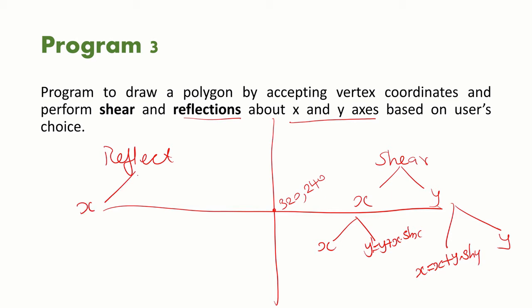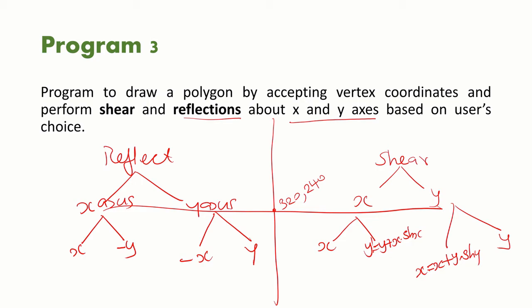It can be done with respect to the x-axis or y-axis. When it is with respect to the x-axis, we keep the x value as it is and change the sign of y. When it is with respect to the y-axis, keep the y value as it is and change the sign of x.